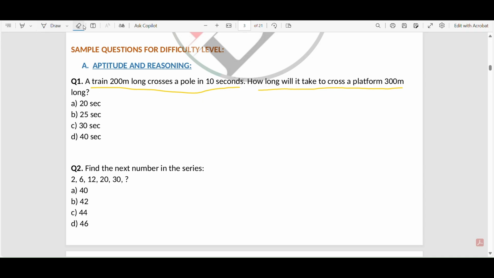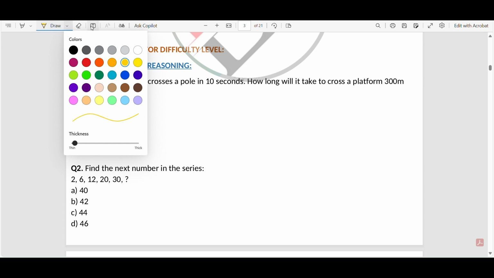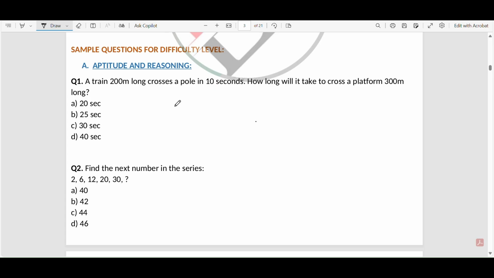I will explain this. First, we have a train which is 200 meters long. It crosses a pole in 10 seconds, right? But how long does it take to cross a platform of 300 meters?